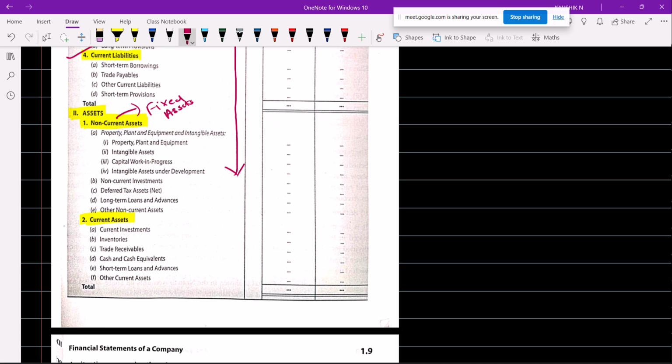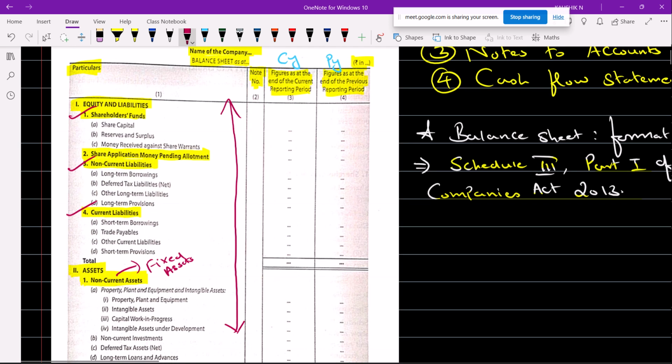No, sir. Right. So now let us try to understand what is given inside each of these items, which we call subheads. We are now going to see what subheads we have under each of these major items. It's quite simple. Under shareholder funds: A, share capital, B, reserves and surplus, C, money received against share warrants.